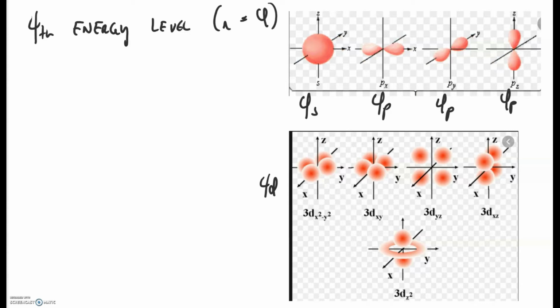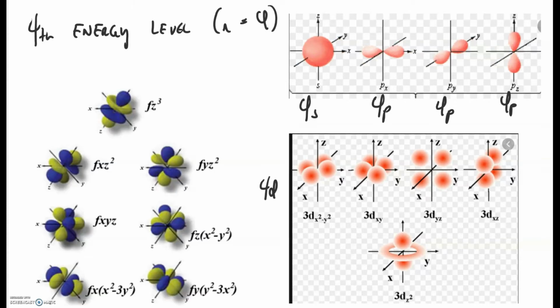But at the fourth energy level, we have a new shape of orbital, and that looks like this. These are called f orbitals. We'll call them 4f's because they're at energy level 4, and there are 7.